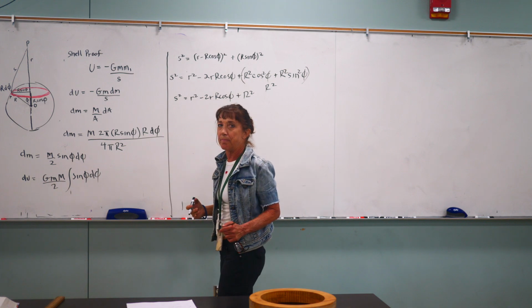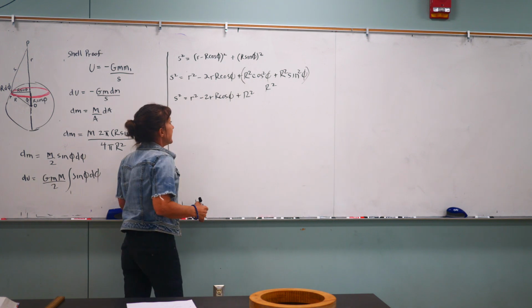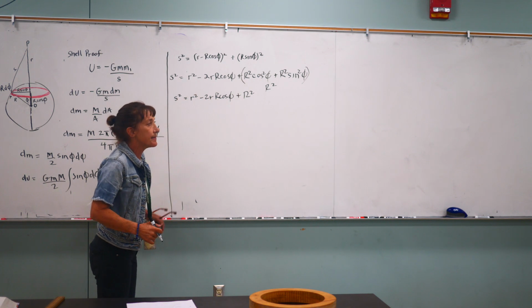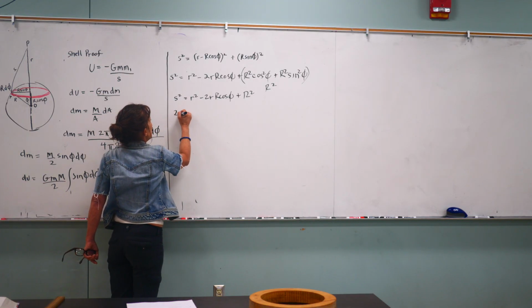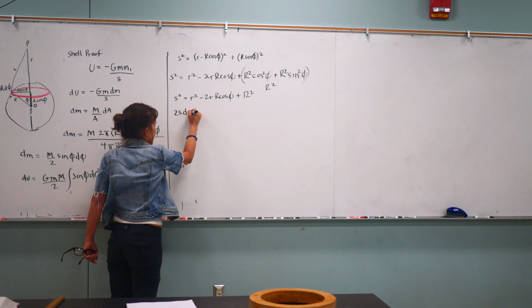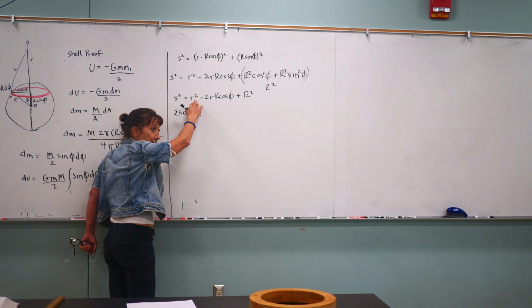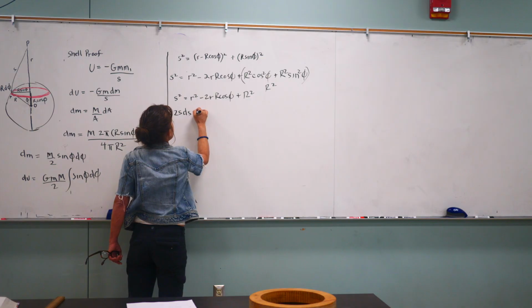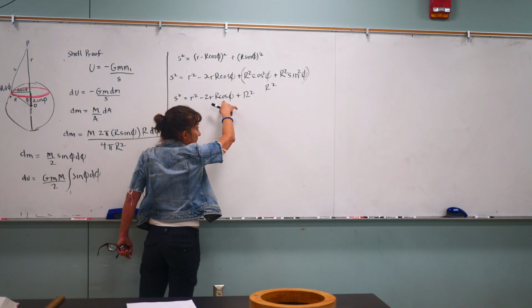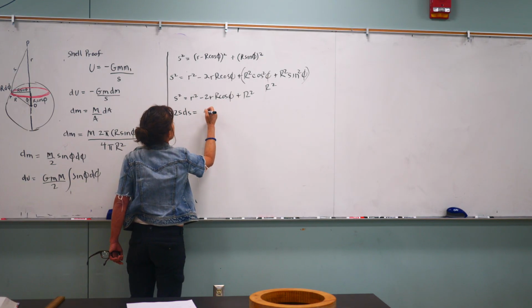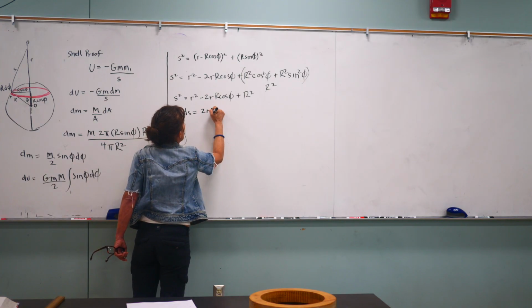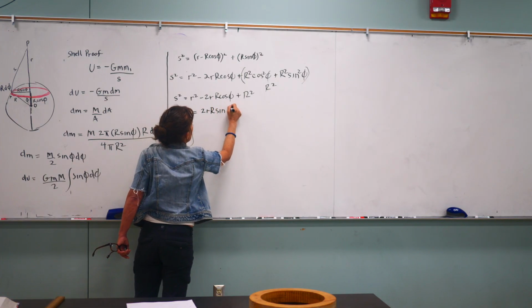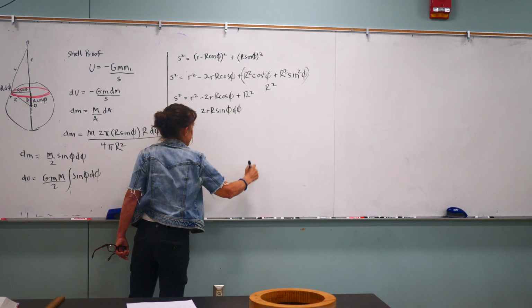Everybody with me so far? Okay, great. Now I'm going to take the derivative of both sides. So this is going to be 2S dS. The derivative of that is 0. The derivative of that is 0. And then the derivative of cos is going to be a negative sine, so this is going to be 2rR sine phi d phi.